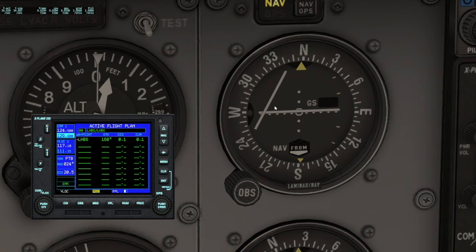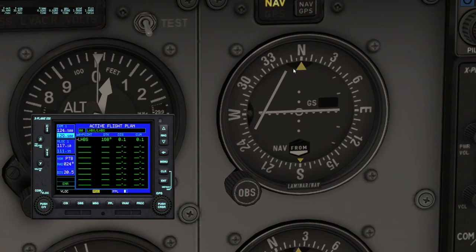Meaning, for example, if I'm selecting the 000 radial or north, and the needle is on the first dot, I'm off by 2 degrees, on the second dot I'm off by 4 degrees, and so forth, 2 degrees per dot. Anything with 5 dots or more is going to be 10 degrees or more, so at that point I'm greater than 10 degree deviation, and I will have to adjust accordingly.